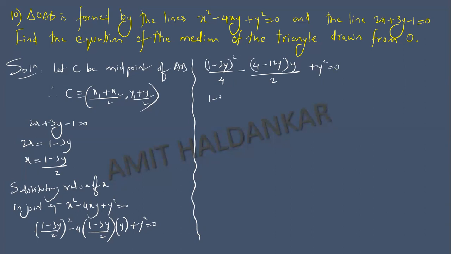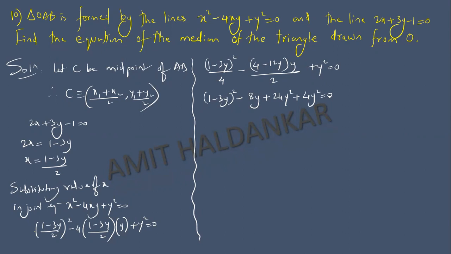So 1 minus 3y, 2y into 4 is 8. Now I'll multiply this by 2. 8y minus 1 is plus 2 12s are 24y square plus 4y square equal to 0.